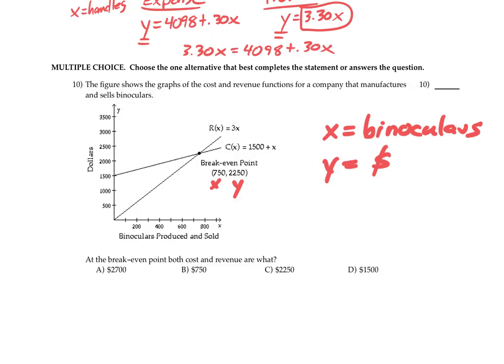And so it just depends on which question is being asked. So in this case, the break-even point is $2,250, and that would be the cost and the revenue. And so really what we're saying here, if I make and sell 750 binoculars, I would make 2,250, and that would get me to break even. If I wanted to make money, I would have to sell more than that.